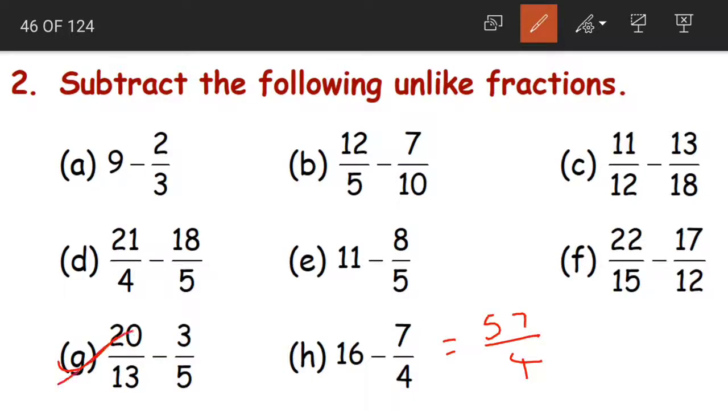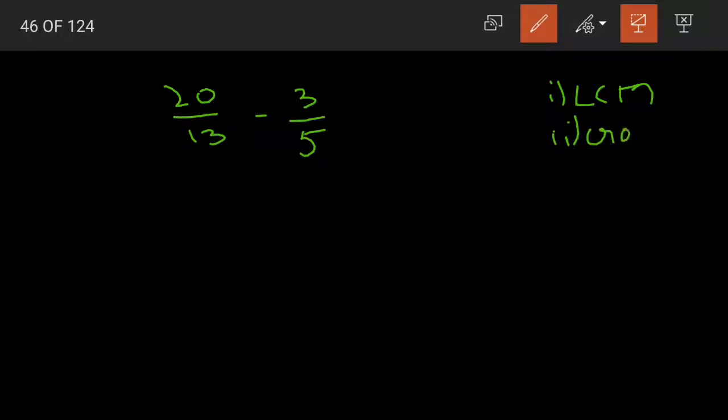Now coming to question G. 20 by 13 minus 3 by 5. Now children, if you remember the comparison of unlike fractions, there were two methods of comparing. What was the first method? By finding the LCM, or else the second method was by cross multiplication.